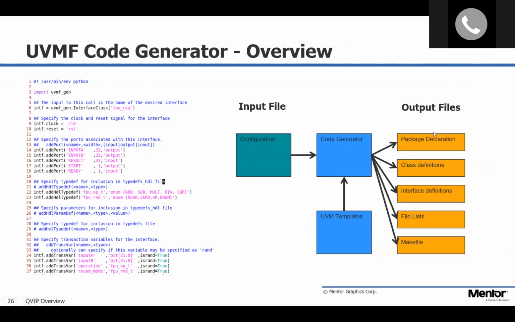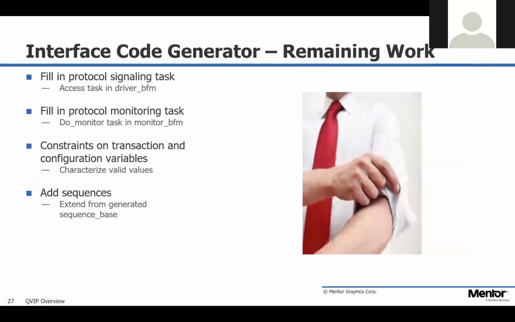You hand that to the code generator that generates your whole UVM test bench and all the make files needed to compile that. As a user, then your task is to go in and fill in the signaling protocol for driving a transaction to the DUT, to monitor the pin wiggles and turn that back into transactions. Maybe some constraints on how the data gets generated, and then add some sequences by extending the base sequence.